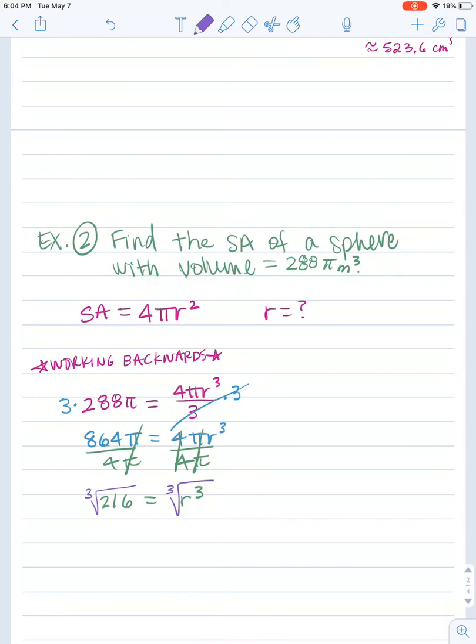Or you might have to put a little 3 in there, depending on what kind of calculator you have. And then you type 216. And the cube root of 216 is, pretty sure, it is 6. Yes, it is. So that cancels out this cube and the cube root, which just gives me the radius there.